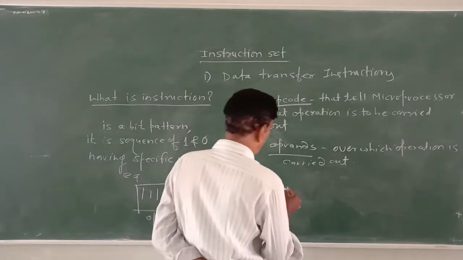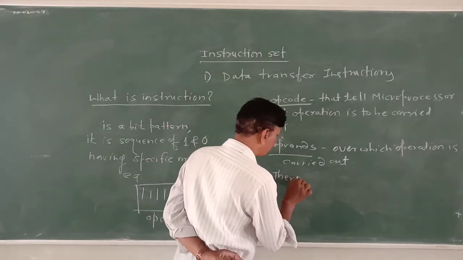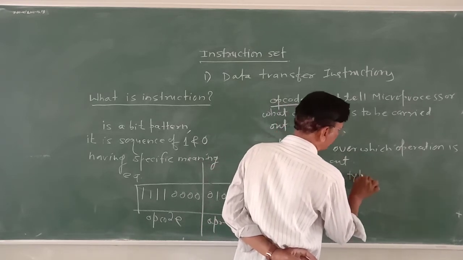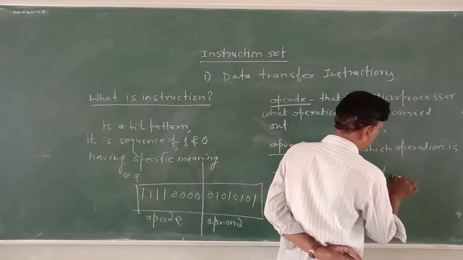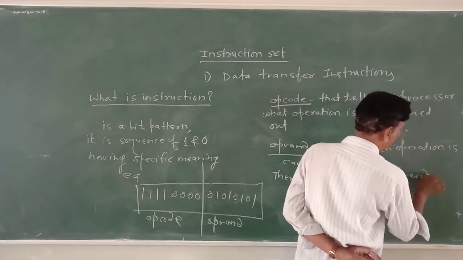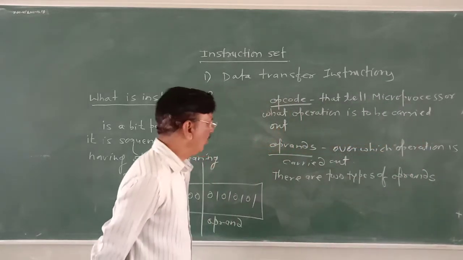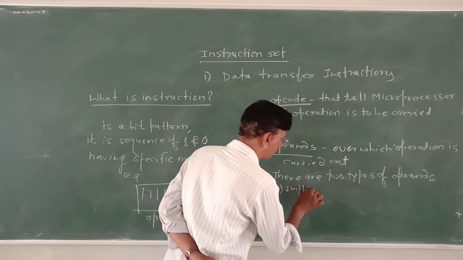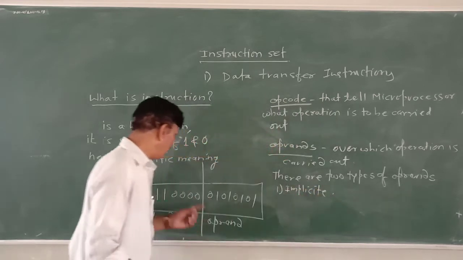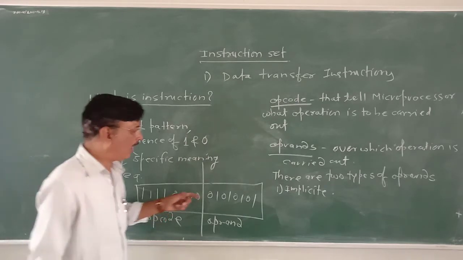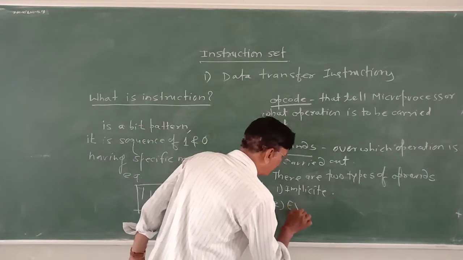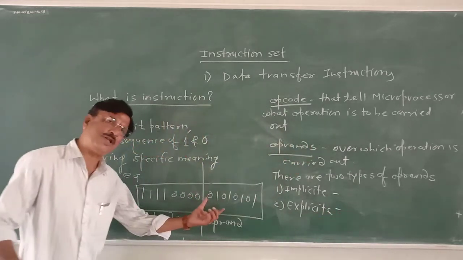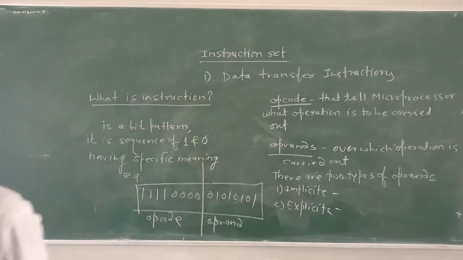Thus there are two types of operands. Number one, implicit, that is along with the opcode. And another, explicit, that we have to specify externally by us.